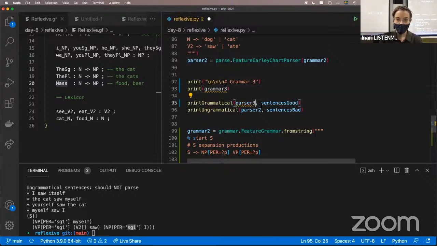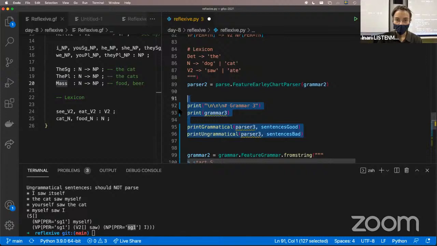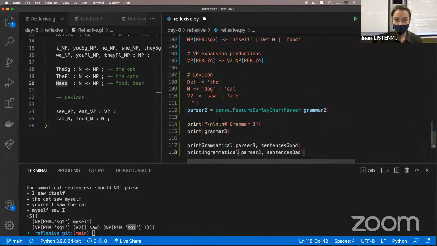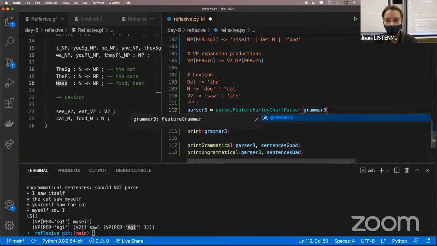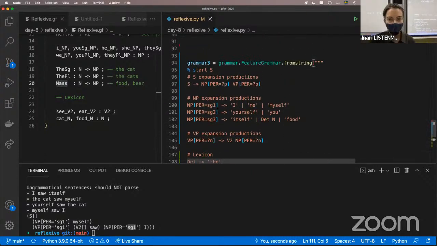So grammar 2 and grammar 3 are just the same, but let's add some features.